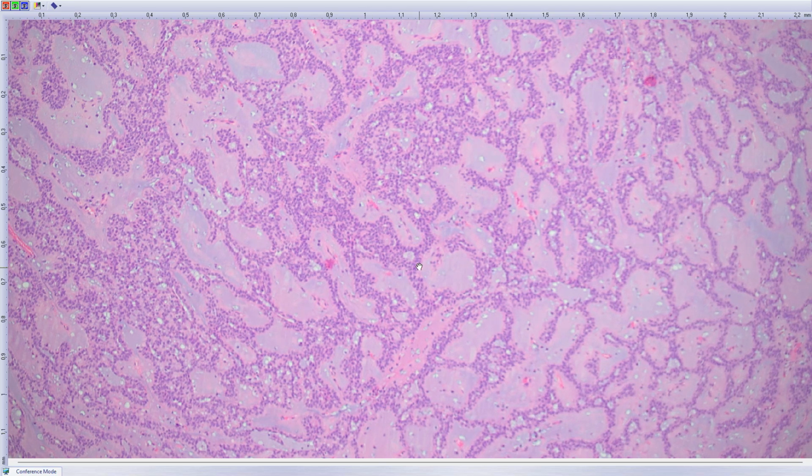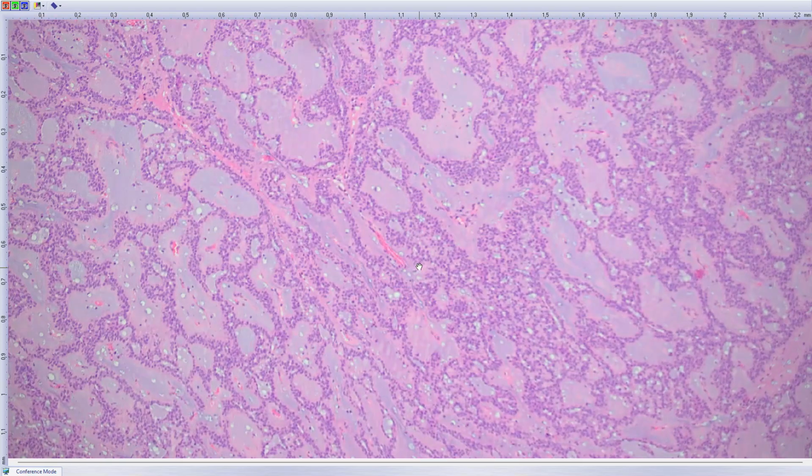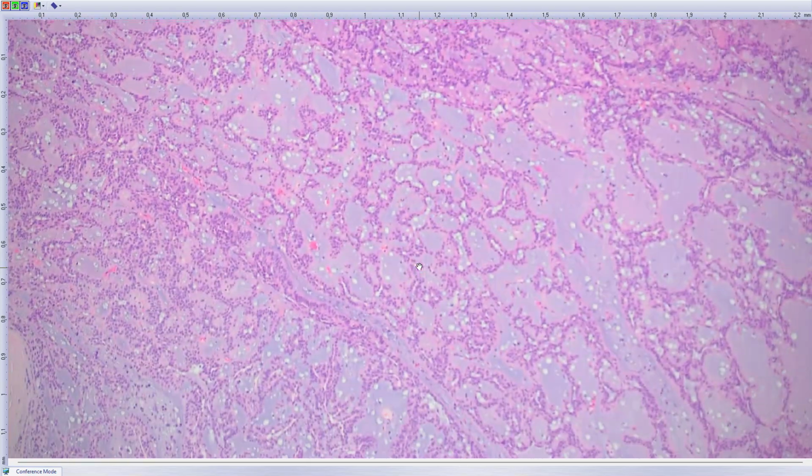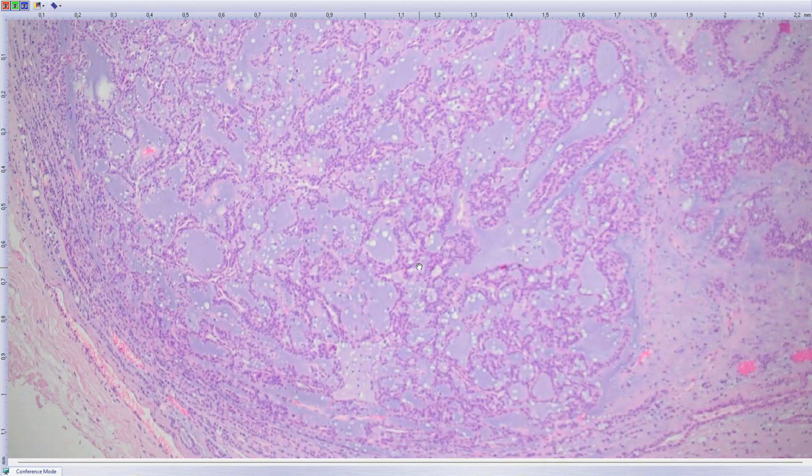Here, and there is a prominent myxoid, not myxochondroid, myxoid stroma in the tumor. So this is almost everywhere the same structure.